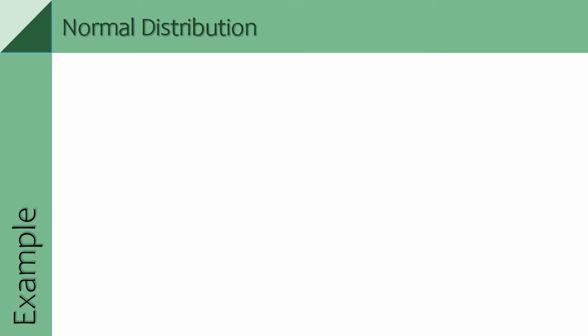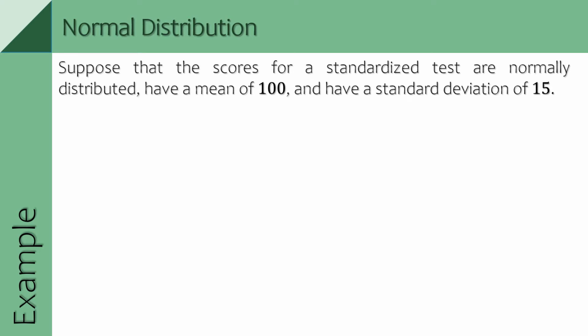So here is an example of a normal distribution, a direct application. Suppose that the scores for standardized tests are normally distributed, with a mean of 100 and a standard deviation of 15. In this part, I'm going to teach you how to transform from a normal distribution to a standard normal distribution.